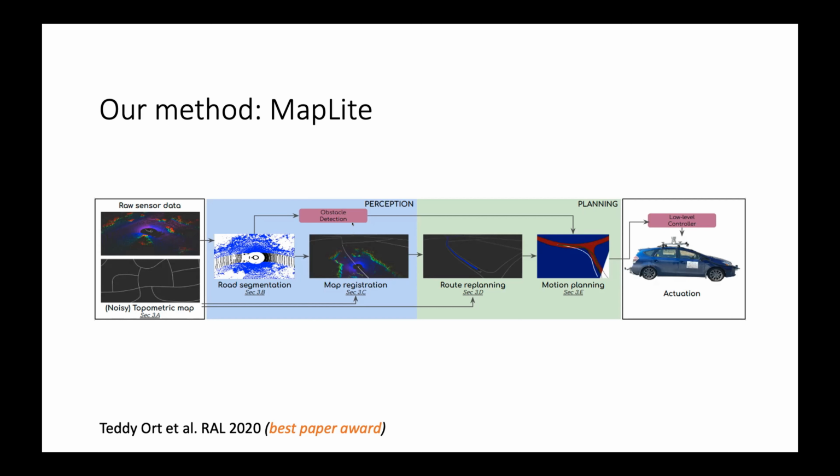which takes the output of the segmentation module and tries to reconcile it with the topologically accurate but metrically inaccurate OpenStreetMap. So this essentially serves the purpose of precise localization in HD maps. As opposed to that, we want to do this weak topometric localization using an OpenStreetMap.